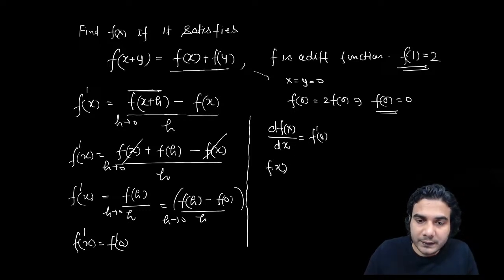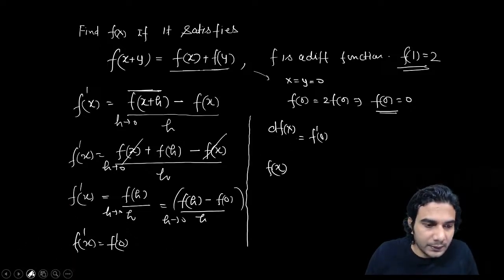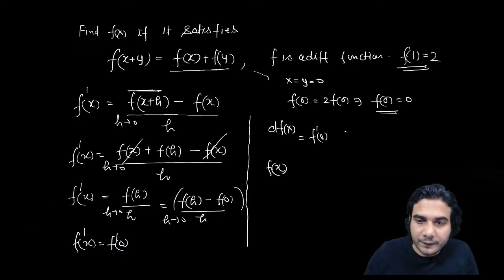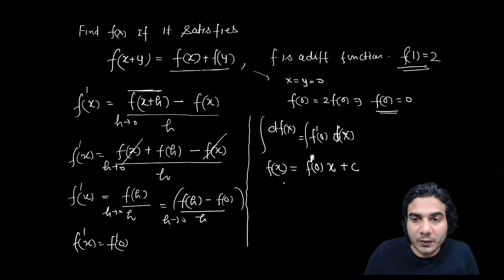So we'll get, take dx to right hand side, dfx is equal to f dash 0 into dx, all right? So now we are integrating it. After integrating, we'll get f dash of 0 into x plus some constant, okay? Now f of 0 we know is 0.